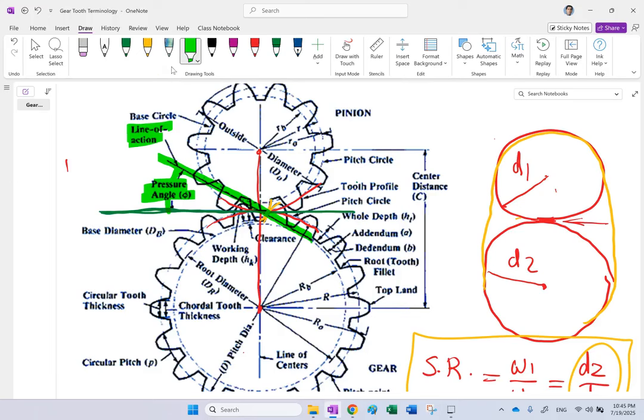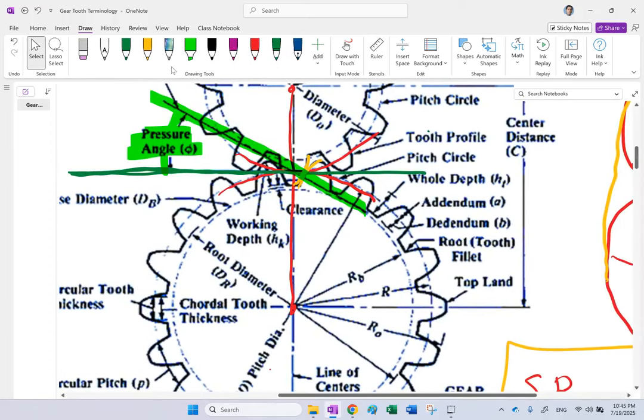But the first thing is you can show that the diameter of the base circle and the diameter of the pitch circle, or their corresponding radii, are related by cosine of phi, and it's not really super hard to show.